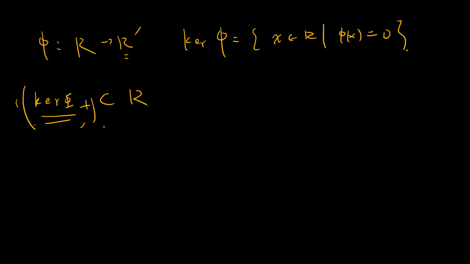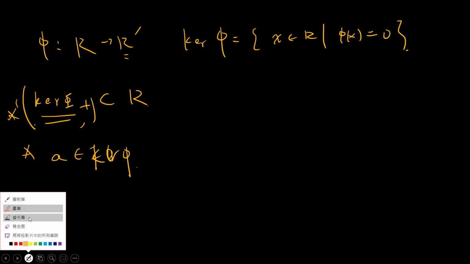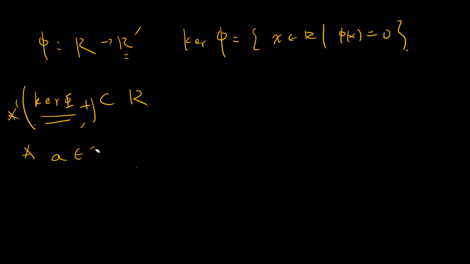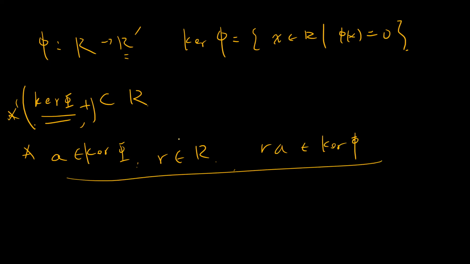And then we also see a strange thing happen: if A belongs to the kernel, and you take any r belonging to R, then you can check that rA belongs to the kernel. So this has a strange property: you take any r and the product with A, and it becomes kernel.